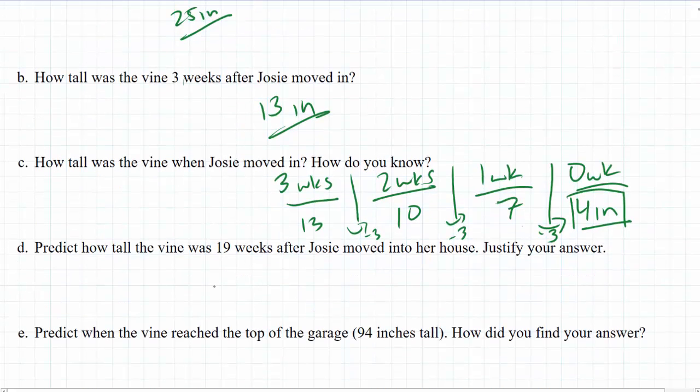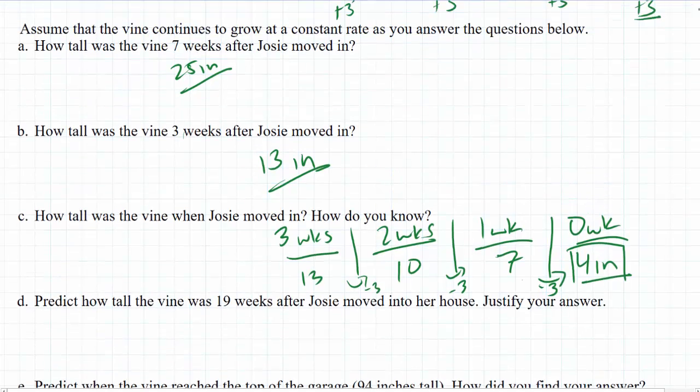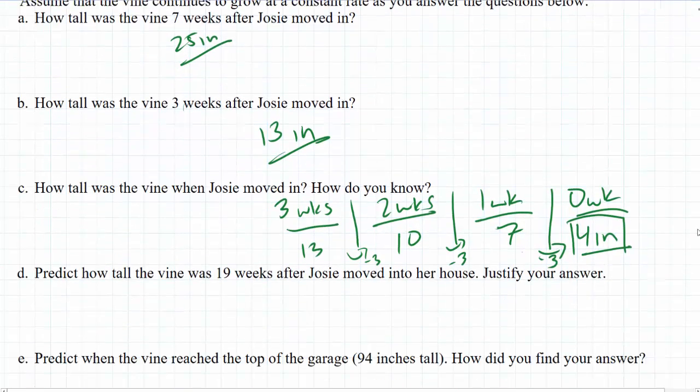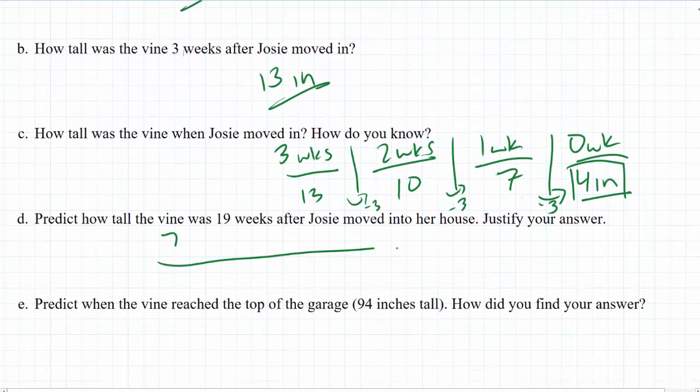Okay, so 19 weeks after Josie moved in her house, how long was the vine 19 weeks in? And justify our answer. So there's a few different ways we could do this. We could continue extending the table. We could go 7 weeks was 25, 8 weeks was 28, 9 weeks was 31, 10 weeks was 34.